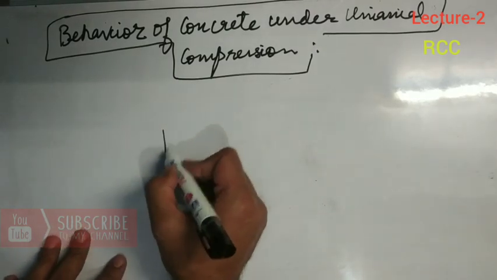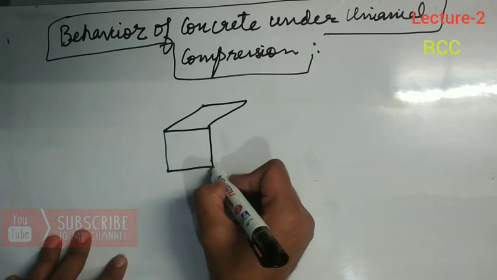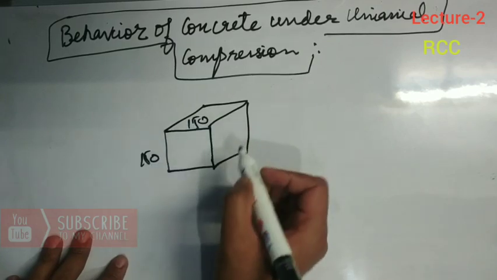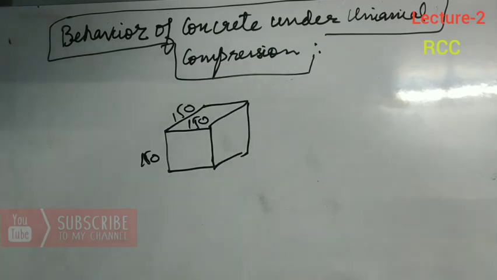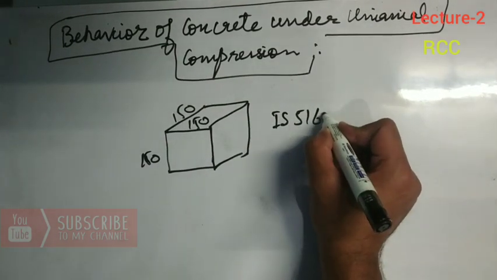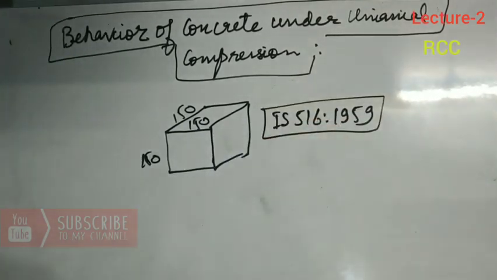So we usually cast cubes whose dimensions are 150 by 150 by 150. These concrete cubes are cast and we perform compressive strength test on these cubes on compression testing machine as per IS 516 1959. So this is the code for compressive strength test.